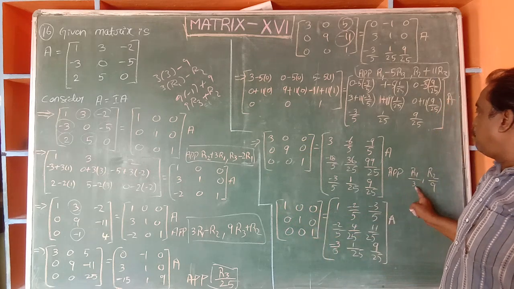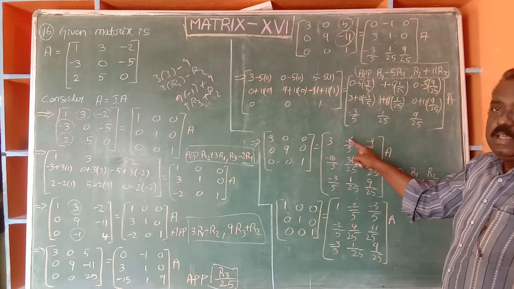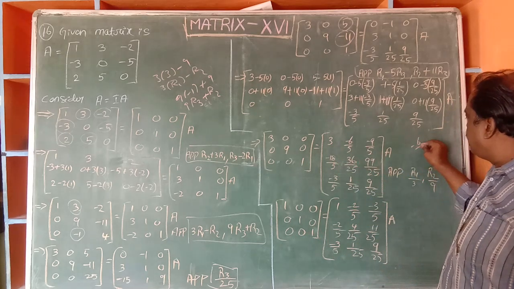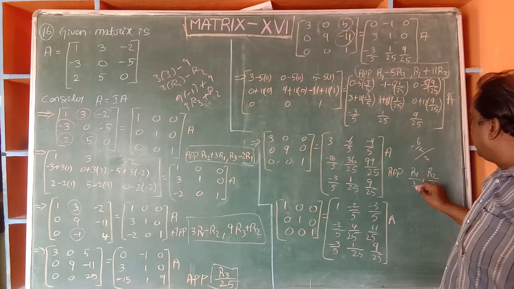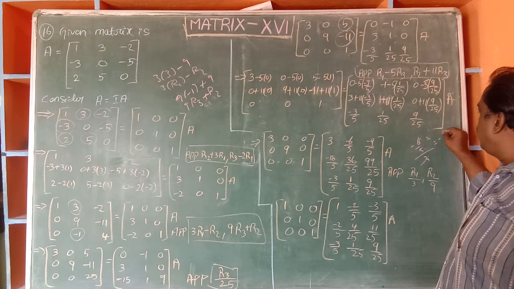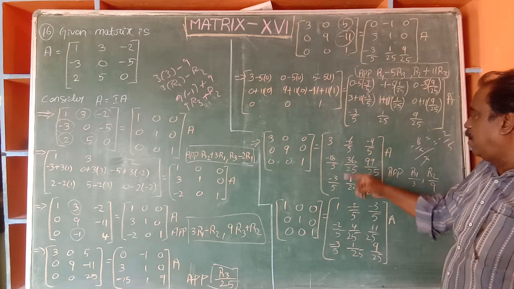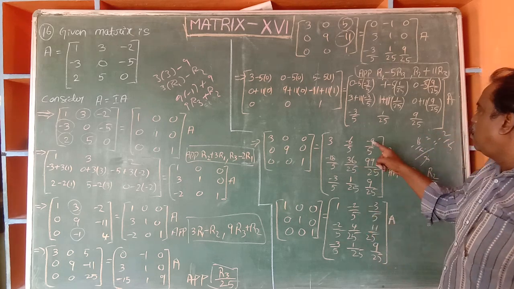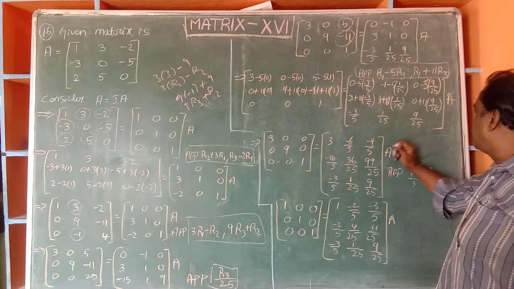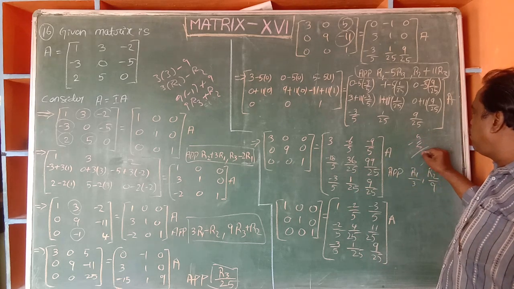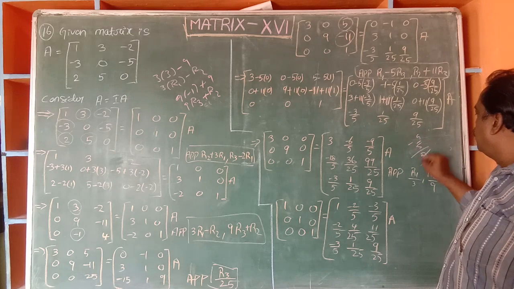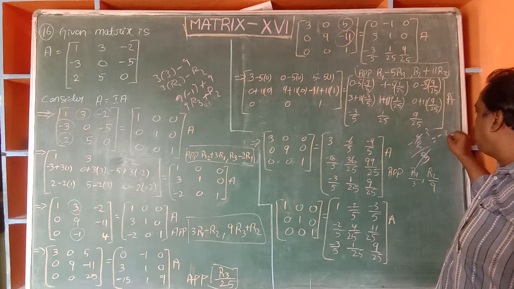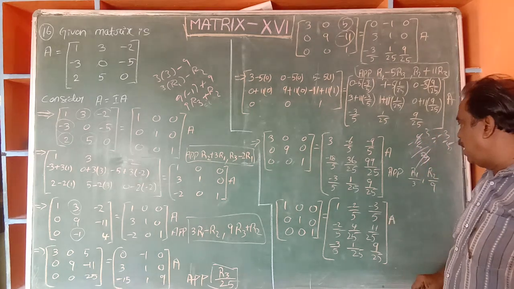Here also, R1 by 3, 3 by 3 is 1. Minus 6 by 5, minus 6 by 5 by 3, 3 twos, so it is minus 2 by 5. Here also, minus 9 by 5 by 3, so it is minus 3 by 5, okay now?